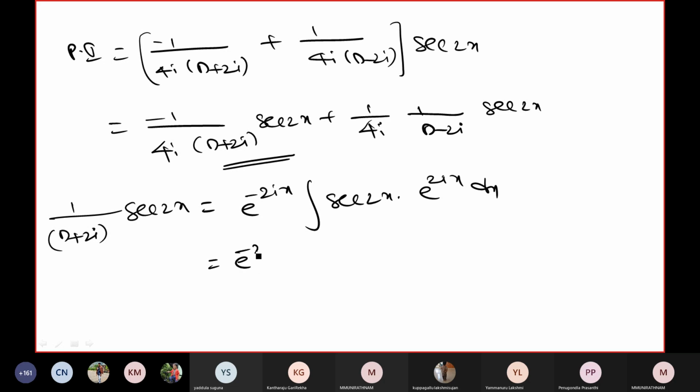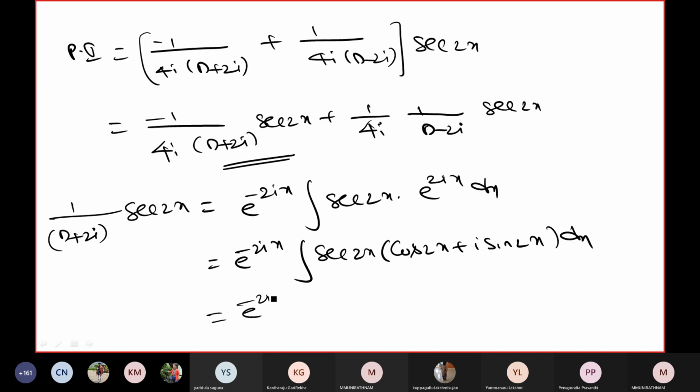So here also let us expand e power i theta as cos 2x plus i sin 2x. So look, secant into cos is how much? 1, sir. 1. Very good. So secant into sin is tan 2x, right? So integral 1 dx is x.